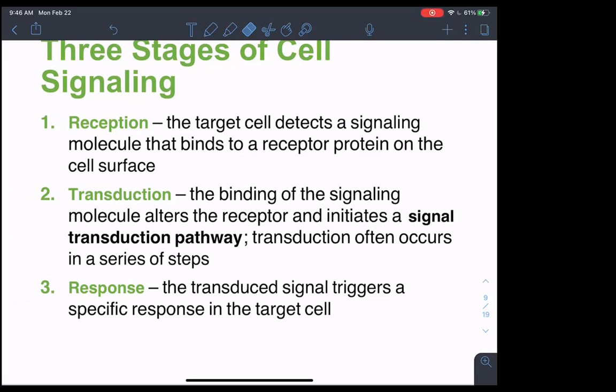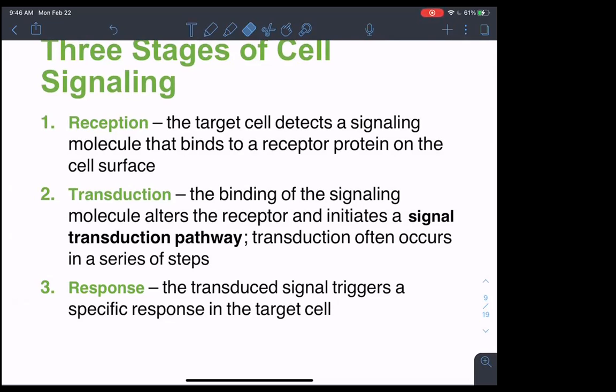Transduction is the binding of the signal molecules that alter the receptor and then initiates the signal transduction pathway. Transduction is often going to occur in a series of steps, but this is basically it bringing that signal and eliciting a change in the receptor to continue the signal on down through the membrane and into the cell. That's transduction. And then the response.